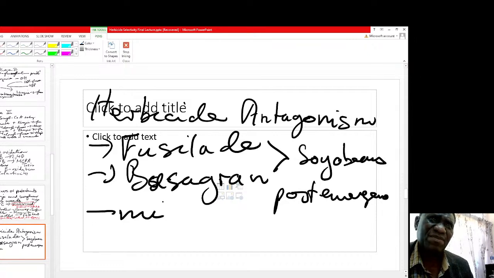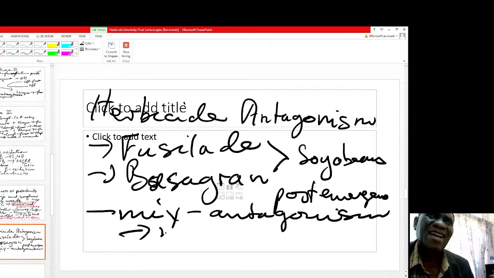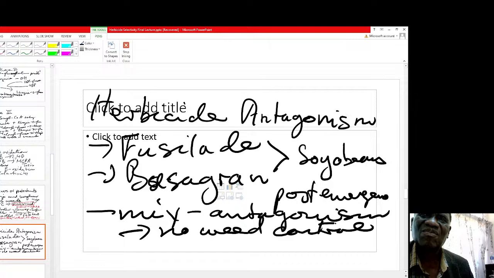You mix them, you get antagonism and no weed control. So they should be applied separately.